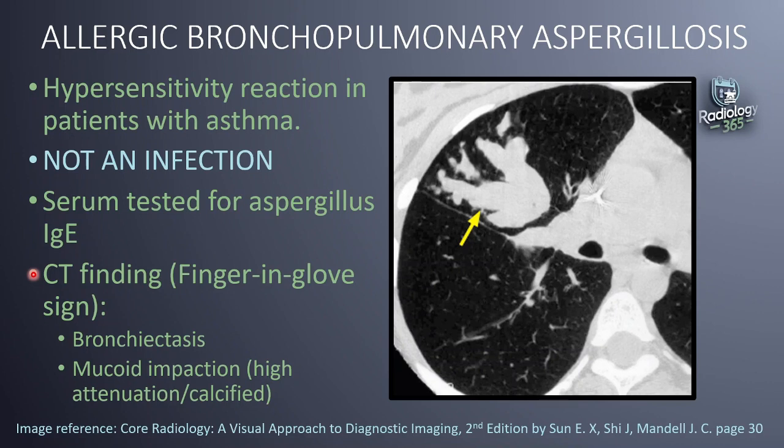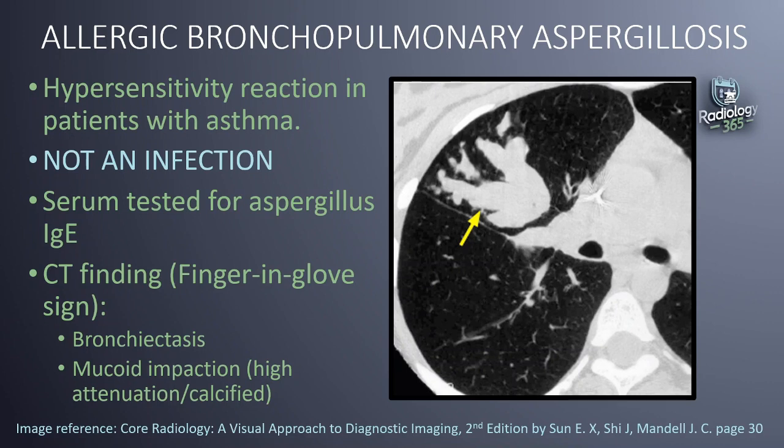The key finding on CT is central bronchiectasis and mucoid impaction. And this mucoid impaction can be seen as high attenuation or even calcified. So when you have this combination of calcified or high attenuation mucoid impaction within a bronchiectatic airway, it represents what we call the finger in glove sign.